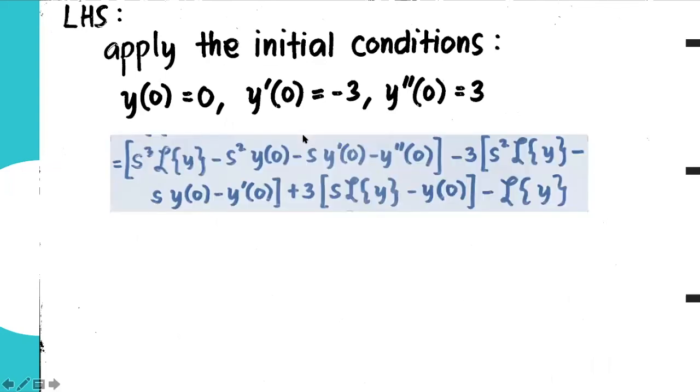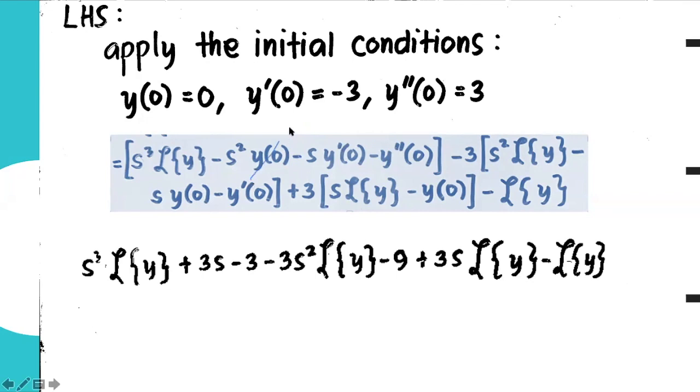So going back to the Laplace of the left side of the equation, in which we have utilized the Laplace of derivatives, now we apply the initial conditions. So what we will do is replace y of 0 with 0, y prime of 0 with -3, and y double prime of 0 with +3. So find them here and then replace them by these values. So y of 0 is equal to 0.